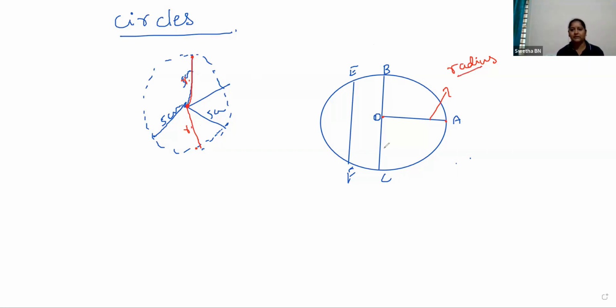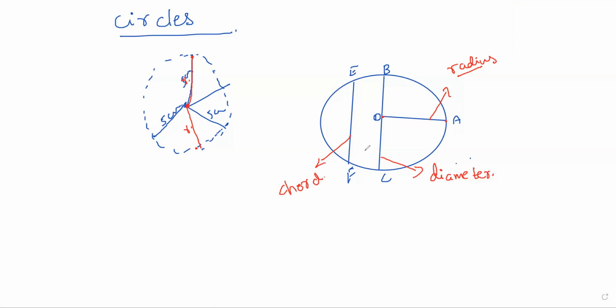Next, what is BC here? BC is diameter. And what is EF? Chord. Okay. So what is the difference between chord and the diameter? Ma'am, diameter is the longest chord which passes through the center of the circle.